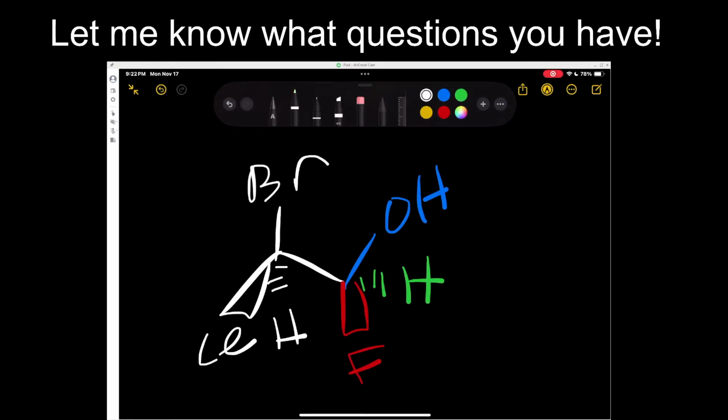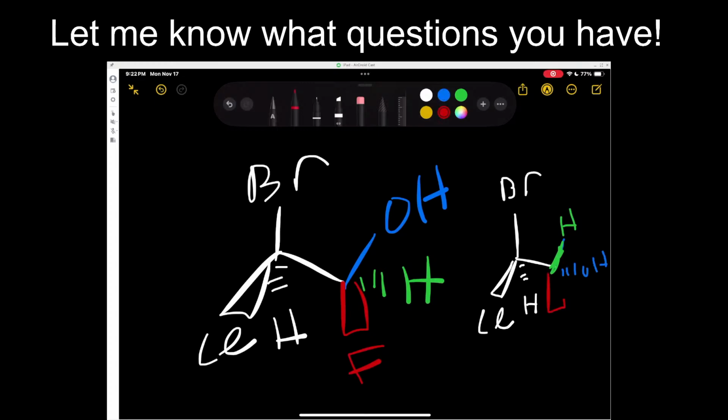I could draw a structure like this where my Br is up here again, my chlorine is down here, my H goes back, bond here, and let's put the H up here. Let's put the OH back here, and let's put the fluorine down here.